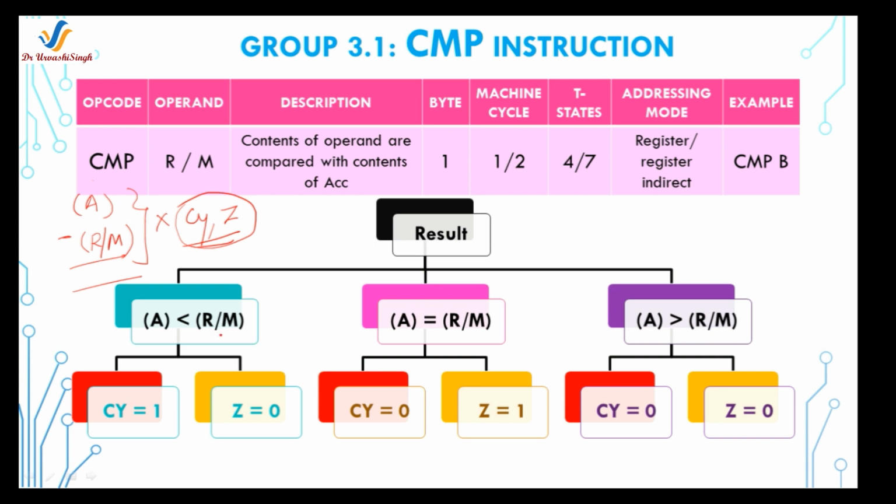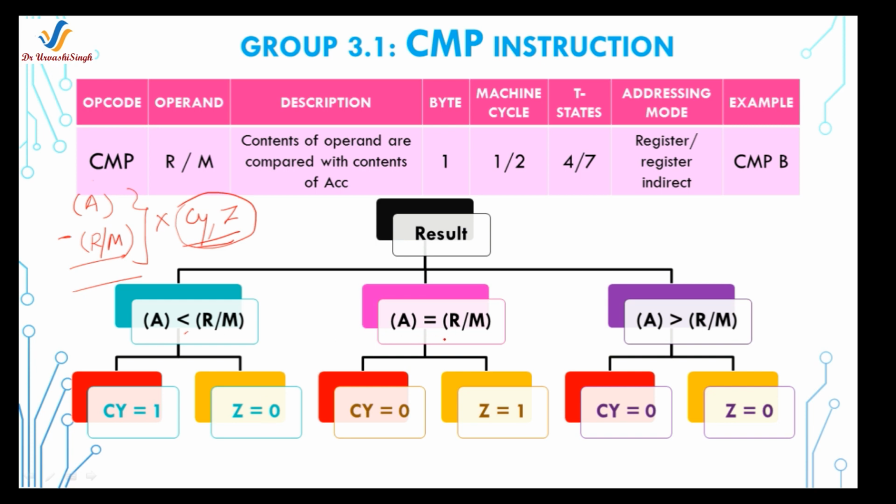Either the content of operand can be greater than accumulator. In this case, there will be a borrow, because you are going to subtract this number from the accumulator. So borrow, or you can say carry flag, will be 1 and zero flag will be 0.